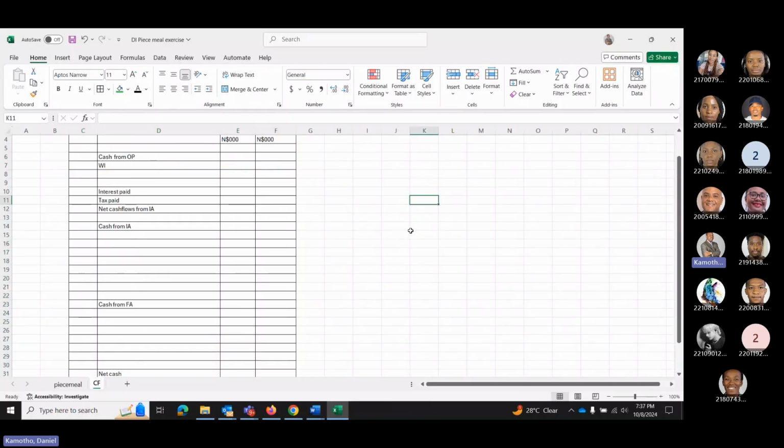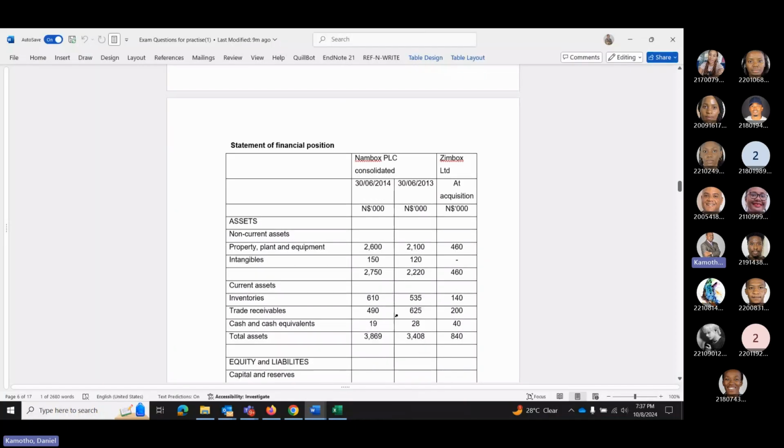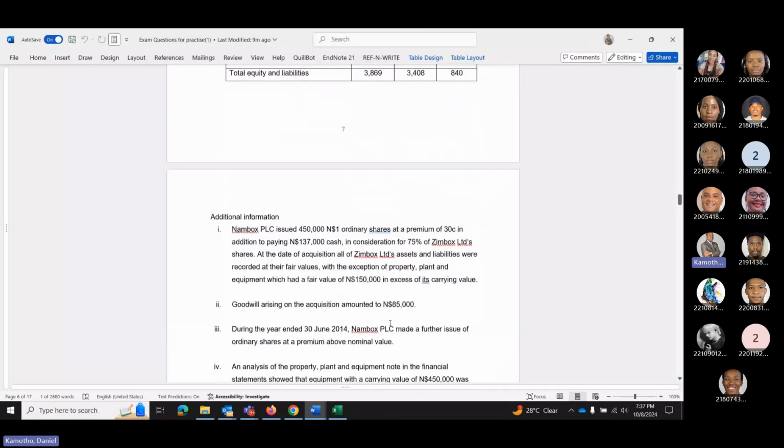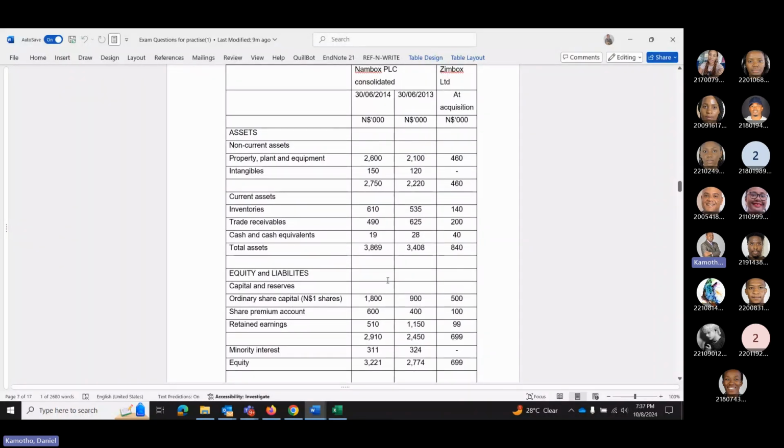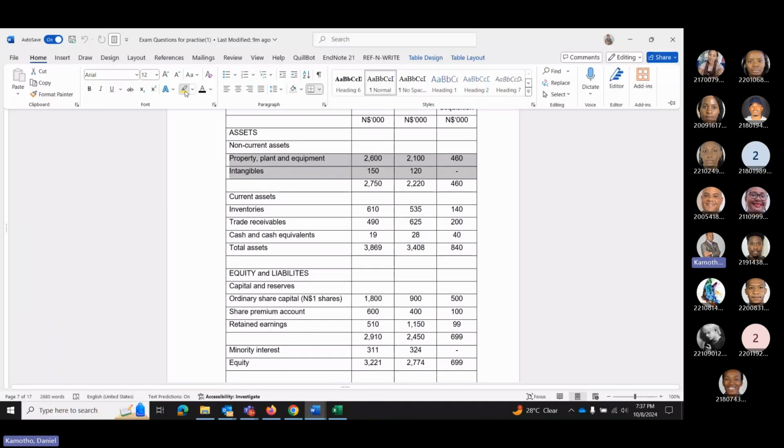amount. We go to the statement of financial position. Let me go there, because I want us to have a systematic way and get accounts for all of them. For all non-current asset, we are going to get T accounts for them. So we are going to set up accounts for those ones.